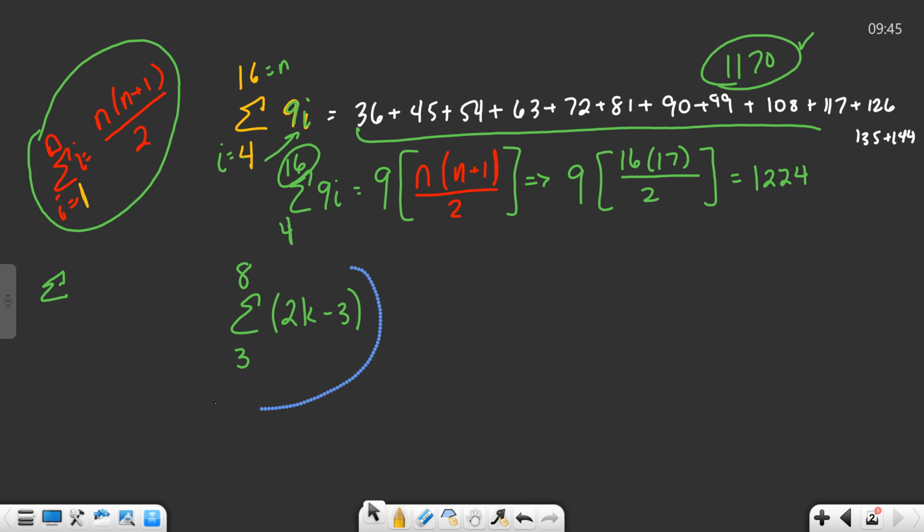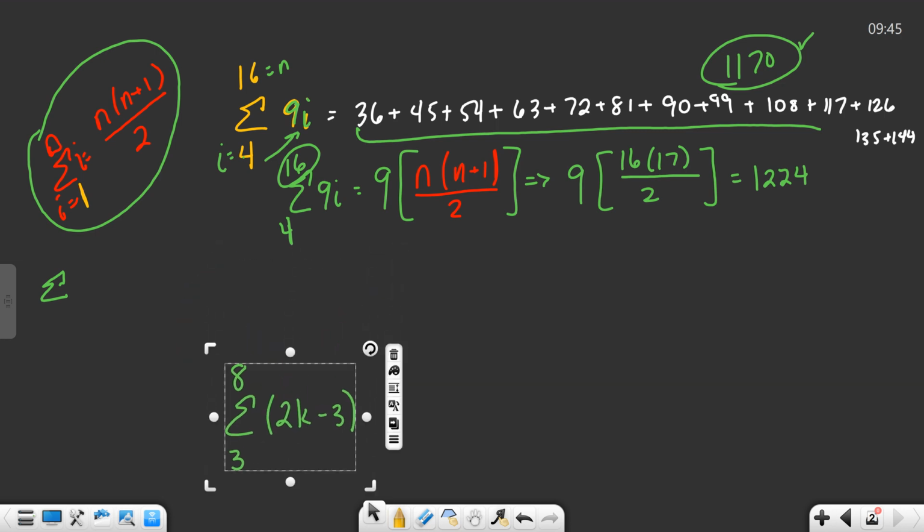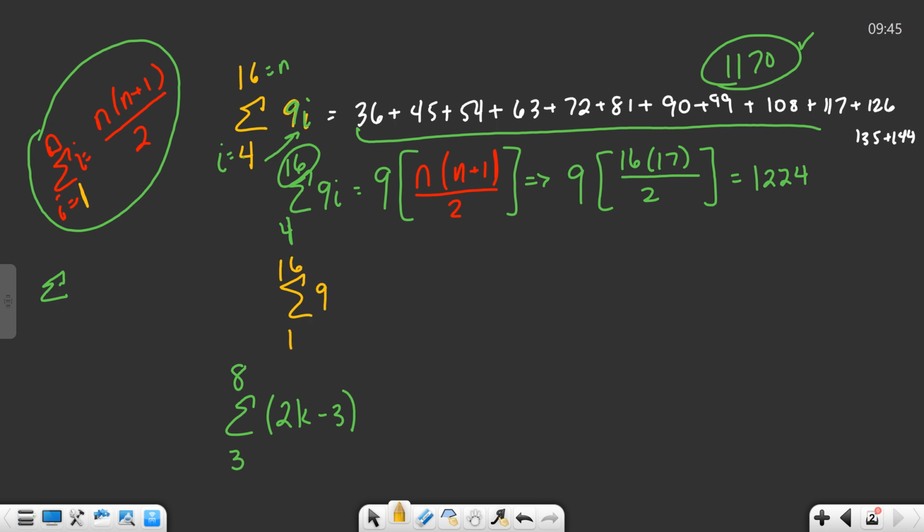So what we need to do is say that the sum from 1 to 16 minus the sum from 1 to 3 would equal the sum from 4 to 16 of 9i. This is just a very complicated way of saying if we subtract this thing right here from 1,224, we should get our 1,170.